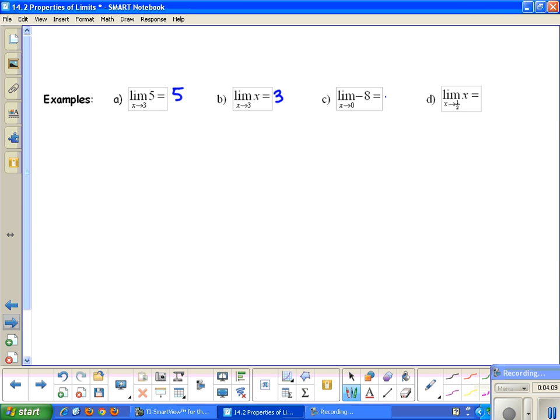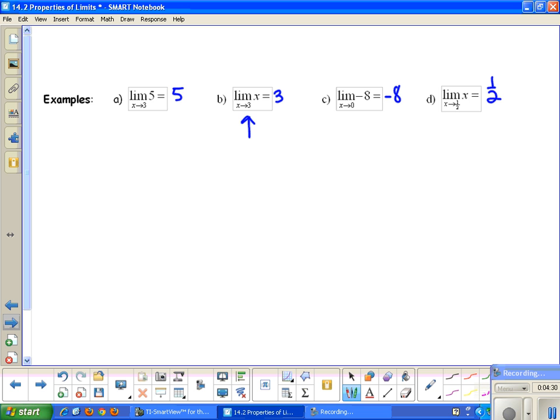Again, it's the constant function property, so negative 8, and the limit as x approaches 1/2 of x would be equal to 1/2. So again, those are just properties that you need to know. And I know I can do that for the limit of x as x approaches 3 for x, for this one right here, because 3 is within the domain.